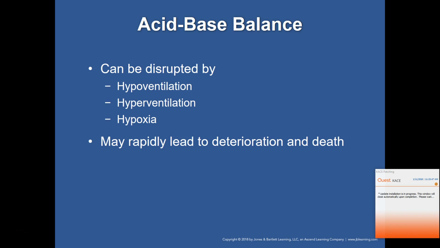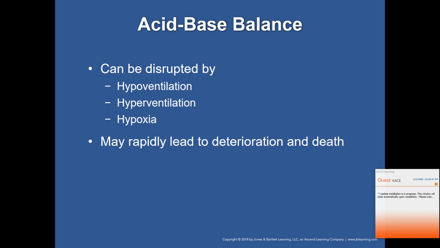But for now, just realize excess CO2 translates into excess hydrogen, which results in a lower pH, or acidemia, an acidic state. A lack of CO2 or a loss of CO2, however it happens, results in less hydrogen and greater alkalinity. So the inverse is true. Try to think of it that way.